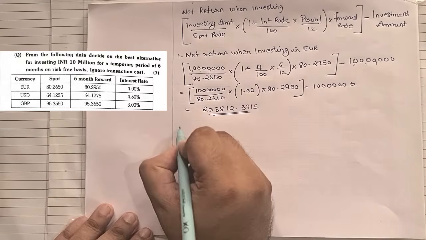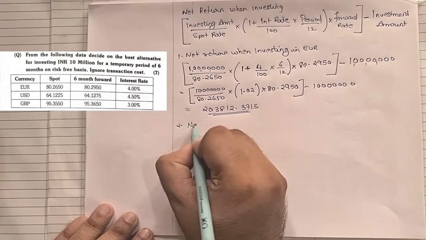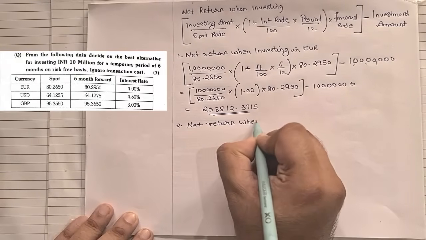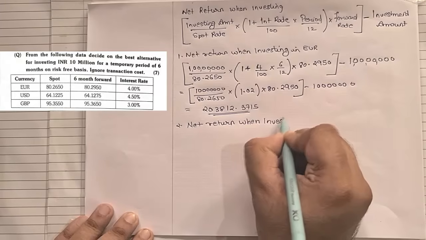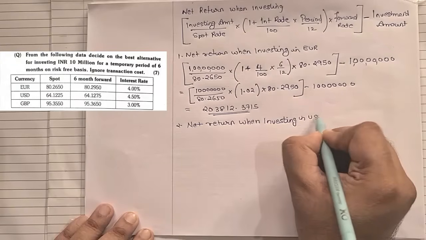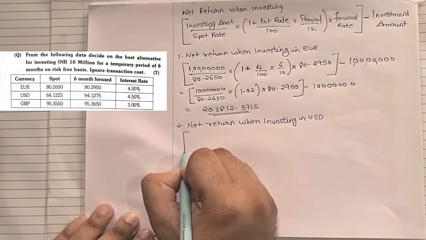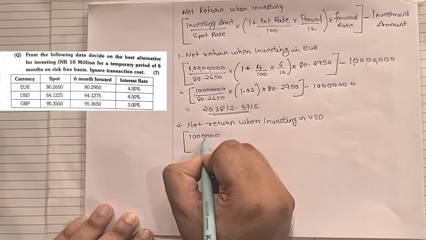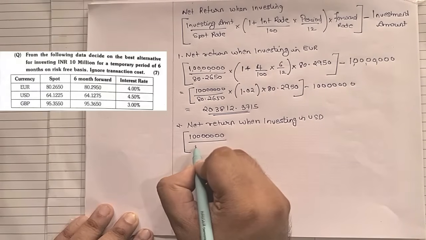Now in the same way, second we'll have to check the net return when investing in the second currency, USD. So chalo, the formula remains the same, so it will be 1 crore 2, 3, 4, 5, 6, 7 upon the spot rate.